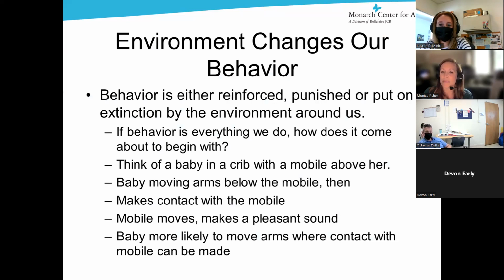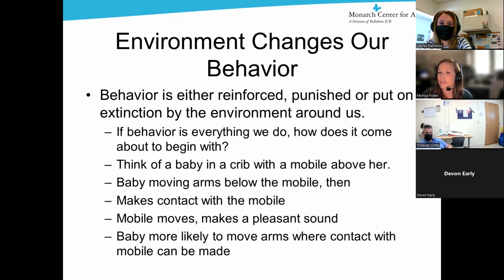So when we think about an infant laying in a crib with a mobile above her, and that infant reaches up and touches that mobile, and that mobile moves, and it might play some music, or there's that tactile and auditory, and they see the movement, or maybe there's some sparkles on it and they see the shining.